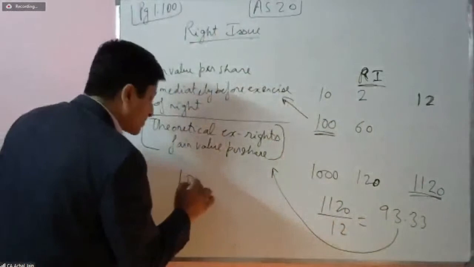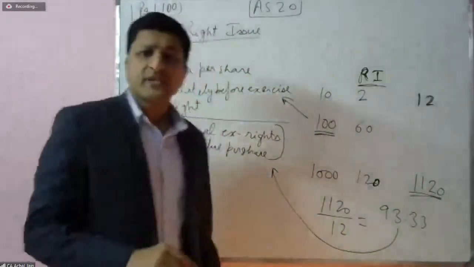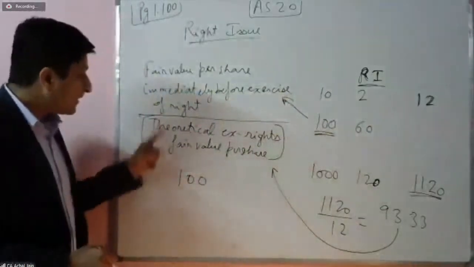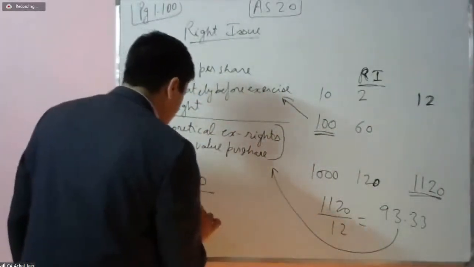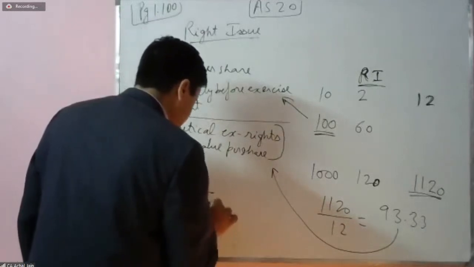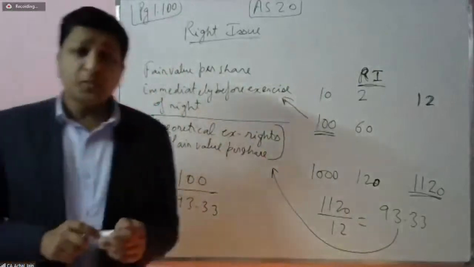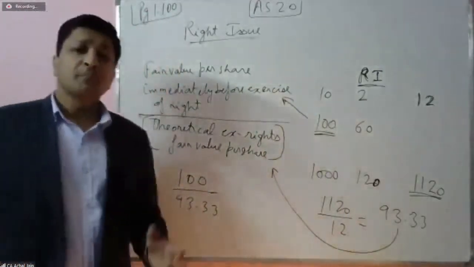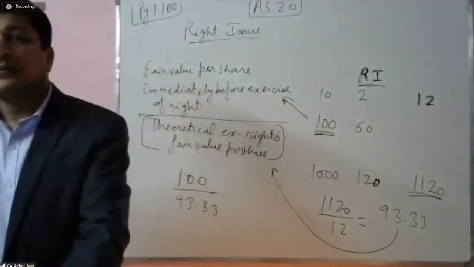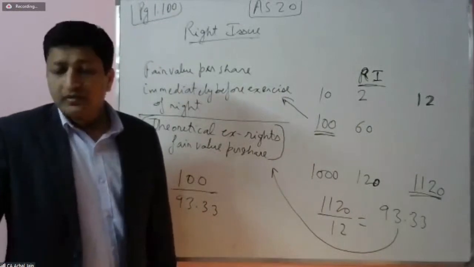So our proportion for computing the weighted average will be 100 divided by 93.33. This is the proportion that we will use for computing the weighted average, which will be used in the denominator.